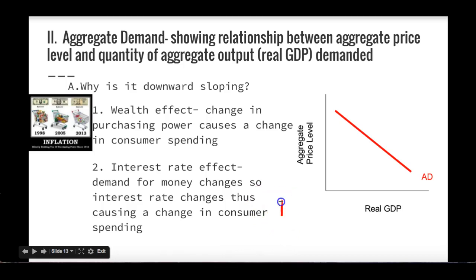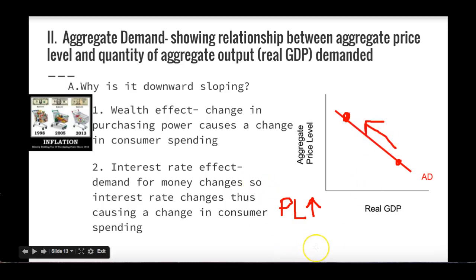I'm trying this for the first time. Let's say our price level is going up, so maybe we're going from this point right here to this point right here, right? So our price level is going up, we're going up the curve.